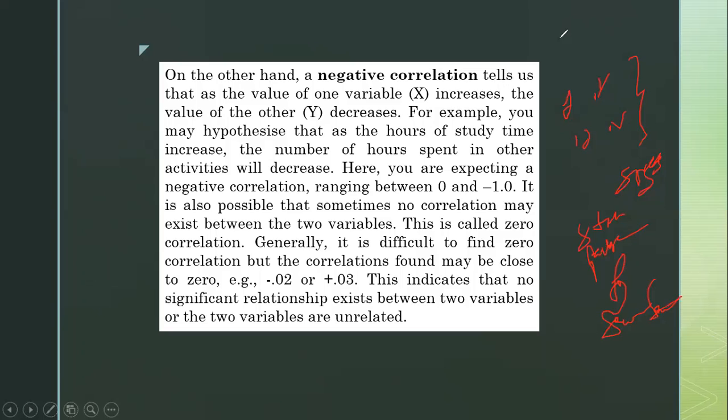This is the meaning of SPSS. We use this one to study the relationship. The stronger the relation, the more successful the hypothesis. So if the relationship is weak, the possibility of the hypothesis failing also increases.